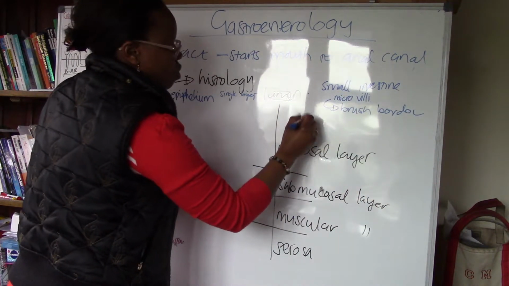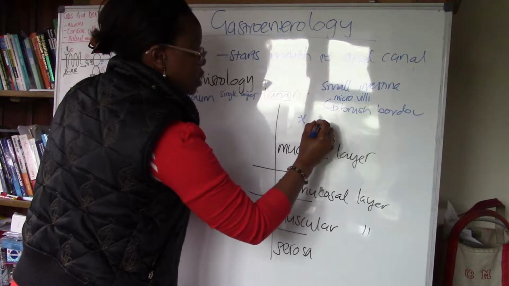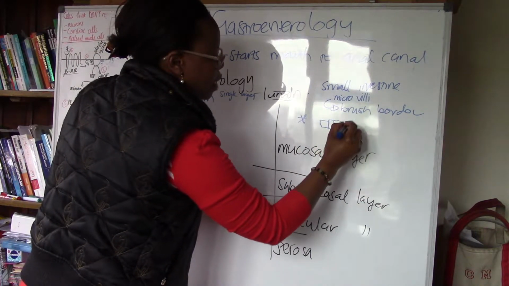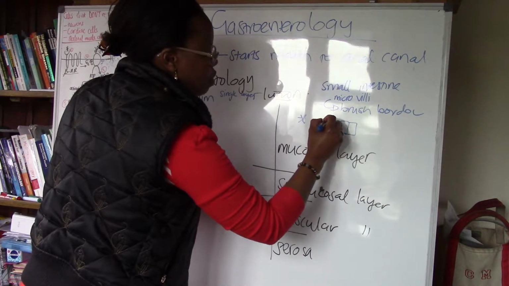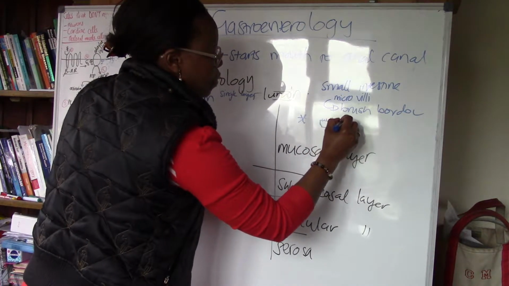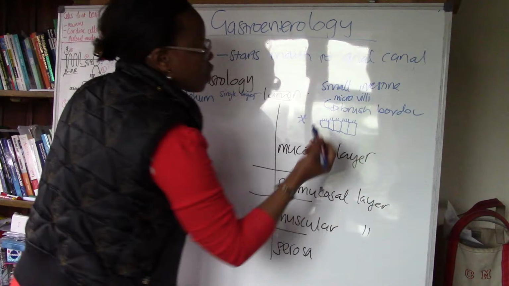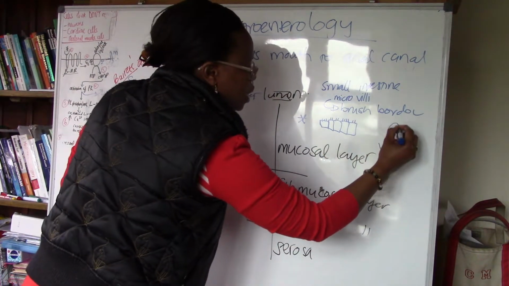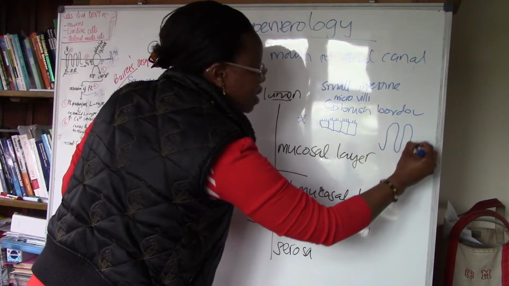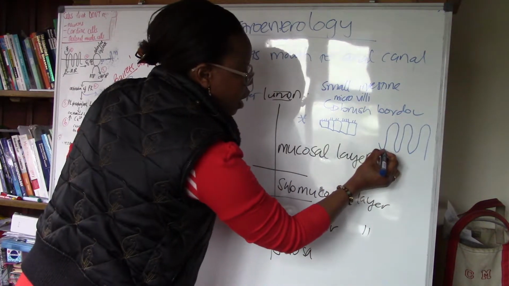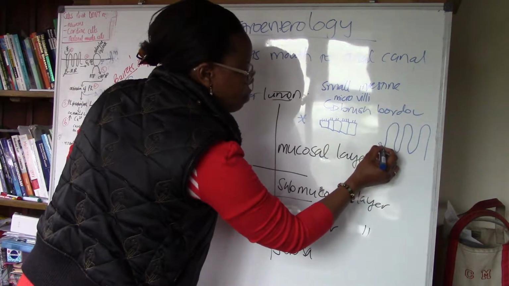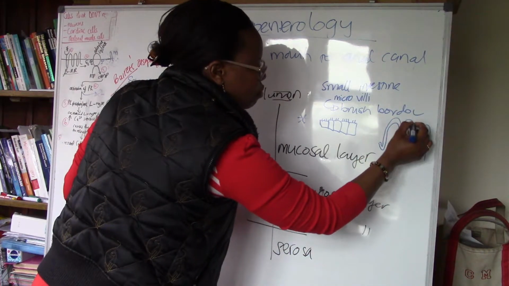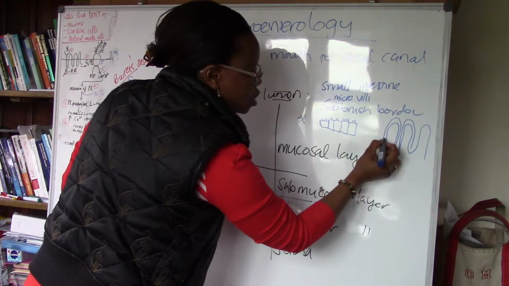So if we think of the tall columnar epithelium like that, the brush border will be there, and we call that the microvilli, albeit that the villi will look like this in the small intestine, with that layer of columnar epithelia.